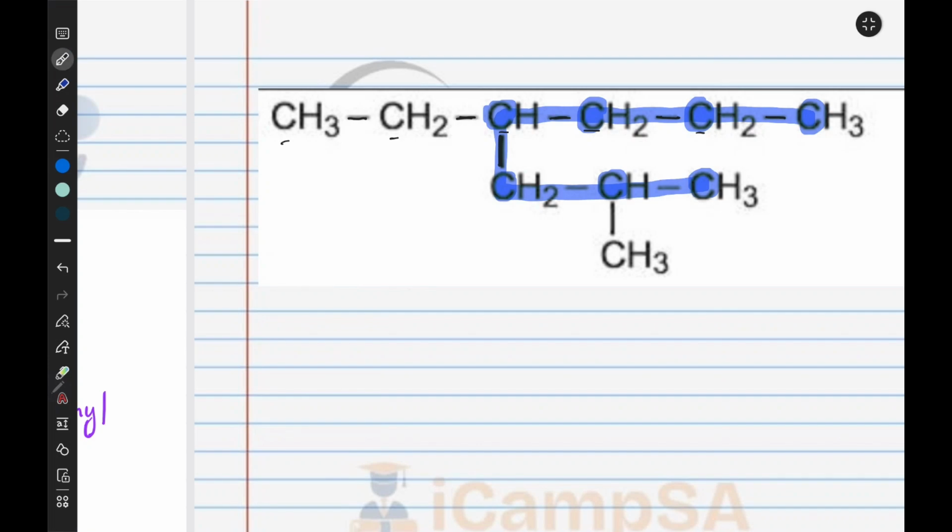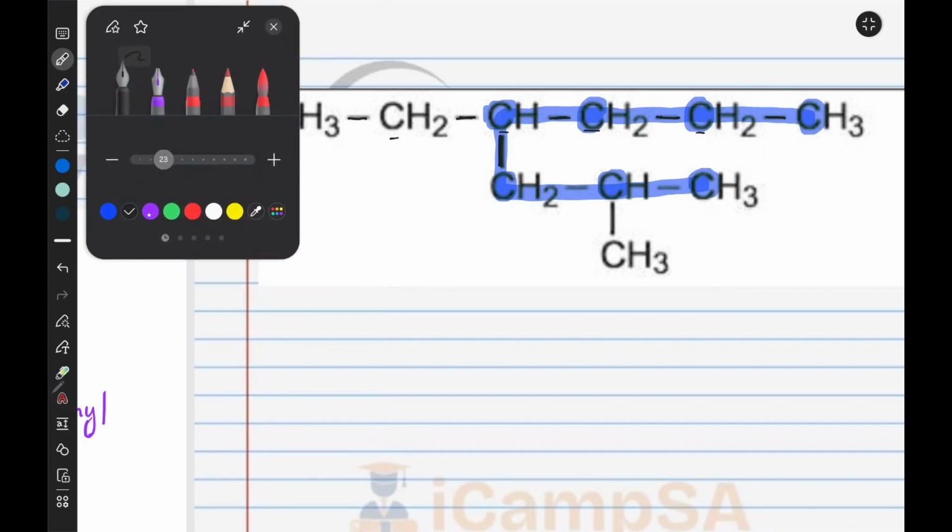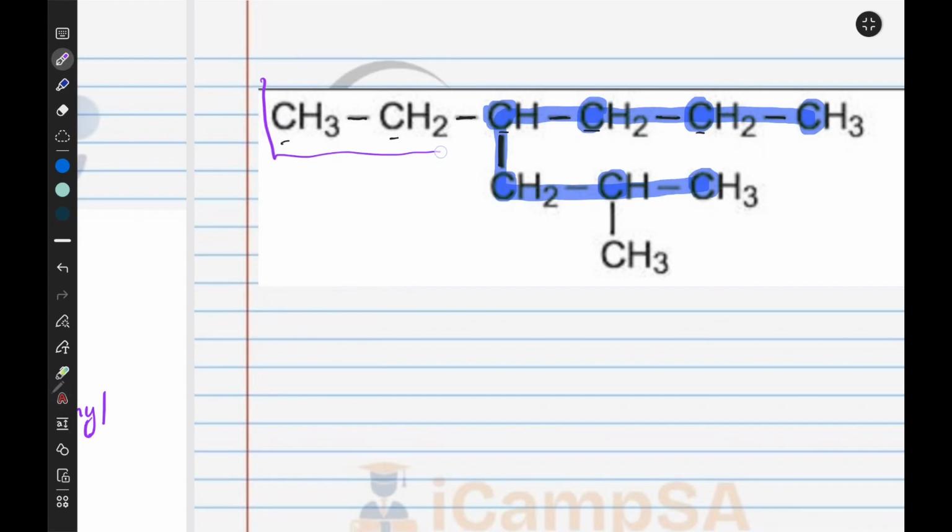So if we start counting, it means now we will get a branch here, right, and another one there. One is a methyl, one is an ethyl. So this is an ethyl group, and this is a methyl group. All right, so now we will prioritize the ethyl when we count.